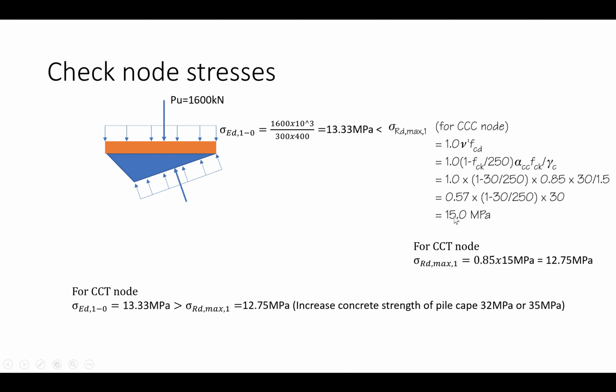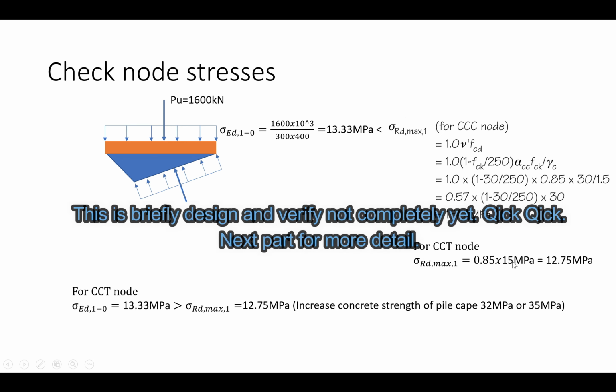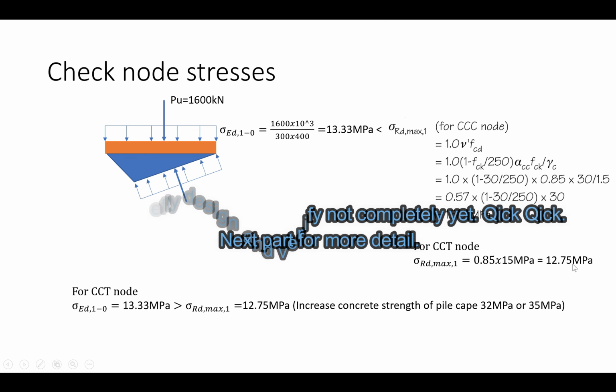We got the result 15 megapascal, but this node resists not only compression stress but also compression and tension in the node, so we reduce 15% by multiplying 0.85 with the 15 megapascal, which is equal to 12.75 megapascal.